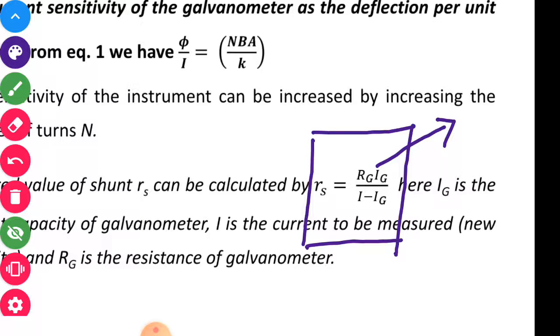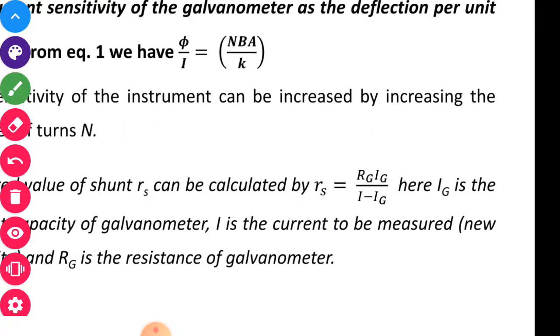Ig means how much current can be passed through the galvanometer, or we can say for what particular current the galvanometer gives full scale deflection. That is called the current capacity of galvanometer, and that is Ig. So say for example you have a galvanometer whose current capacity is 0.4 milliampere.